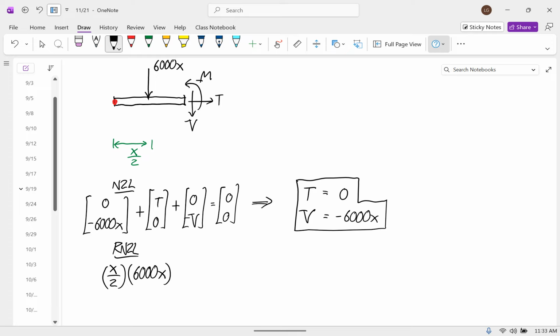If you had a hinge at that red about point, would that 6,000x make it rotate clockwise or counterclockwise? Clockwise, so this is negative. Then we have plus M minus Vx. The tension never produces a moment.